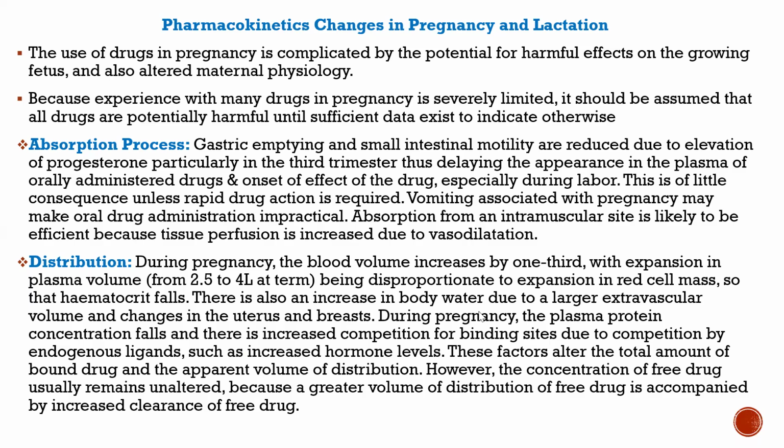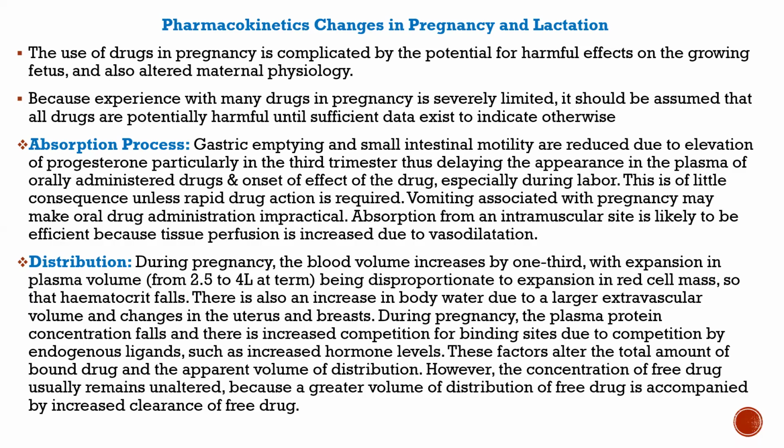Also, the plasma protein concentration falls and there's increased competition for binding sites by endogenous ligands such as increased hormone levels. These factors alter the total amount of bound drug and the apparent volume of distribution. However, the concentration of free drug usually remains unaltered because a greater volume of distribution of free drug is accompanied by increased clearance of free drug.